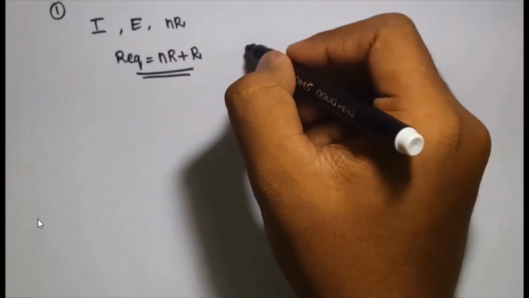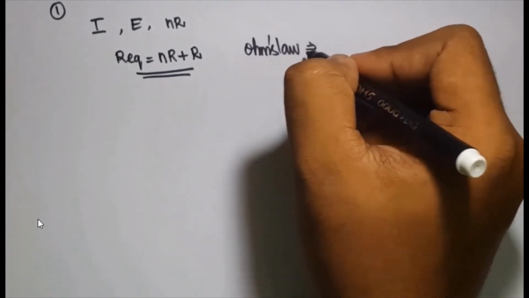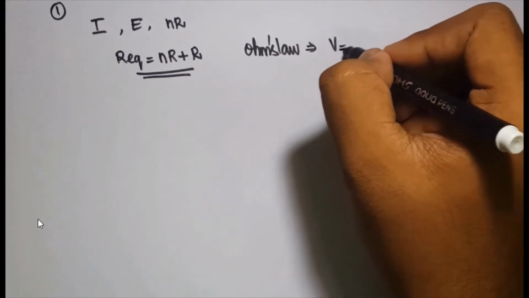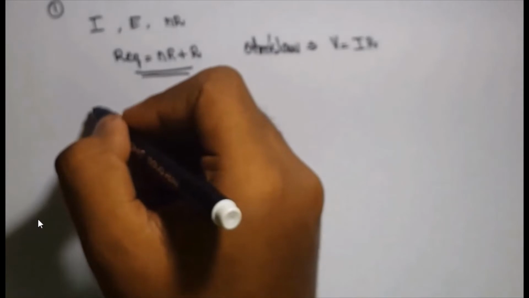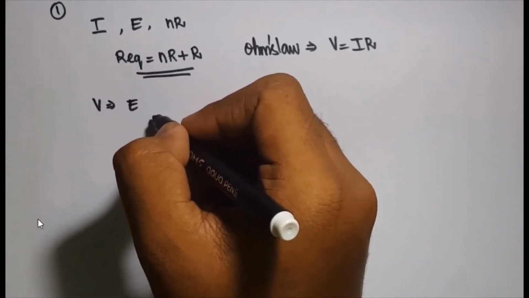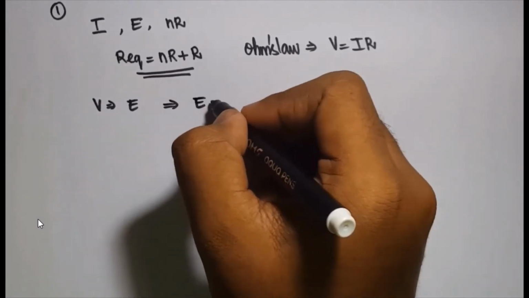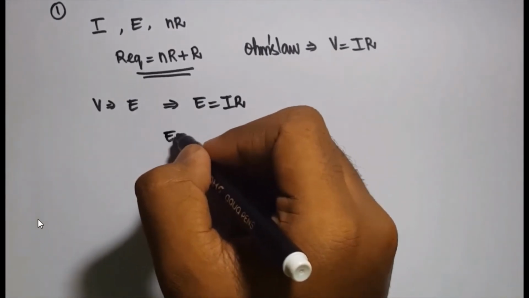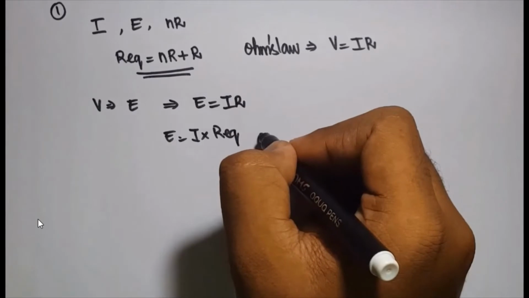So from Ohm's law, the formula is V equals IR. V is also taken as E, which is nothing but the EMF of the battery. So indirectly we can write the formula as E equals I into R equivalent. This is for the first case.